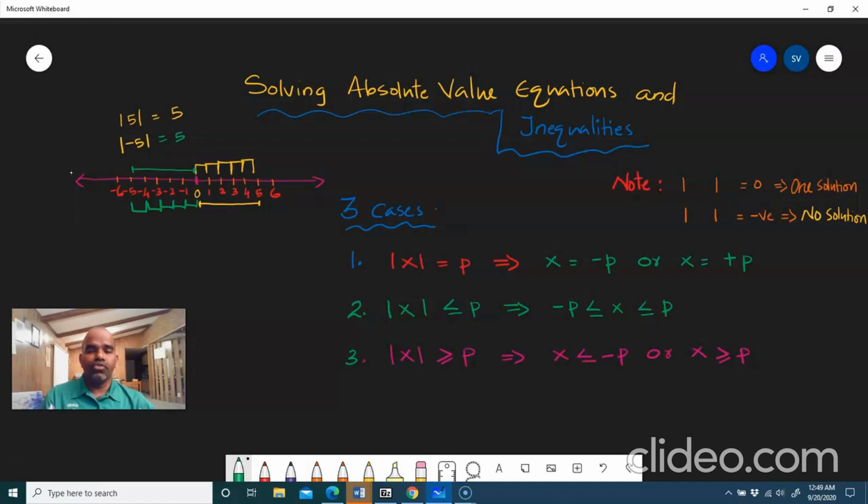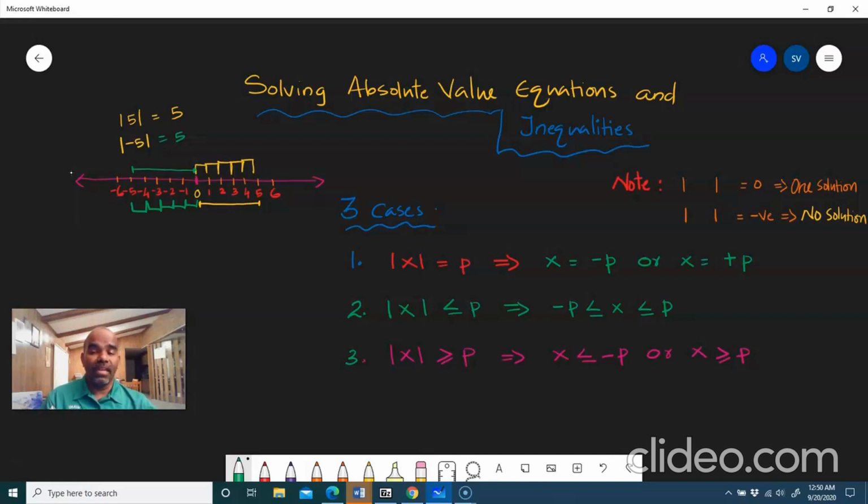Here we are trying to study how to solve an absolute value equation, and how to solve absolute value inequalities. Before we dig into the deeper side of this topic, we need to understand some basic rules.